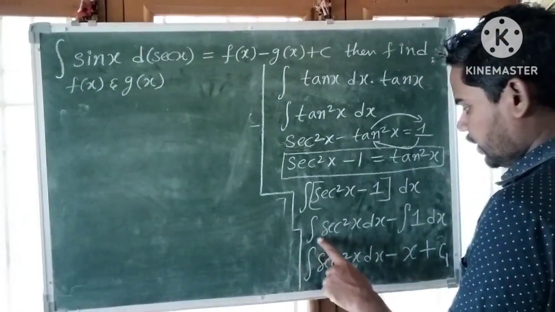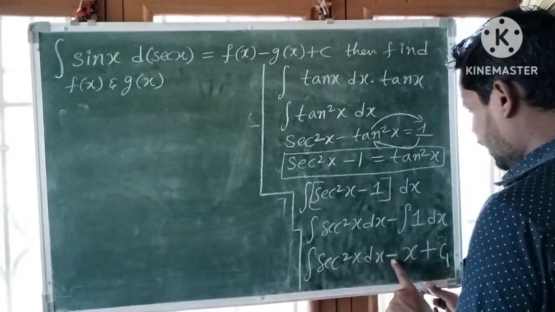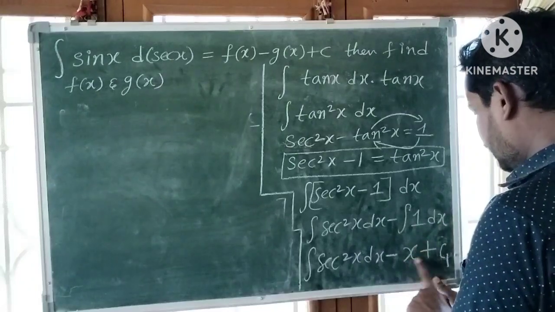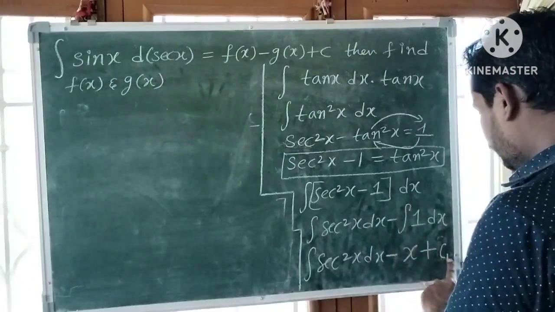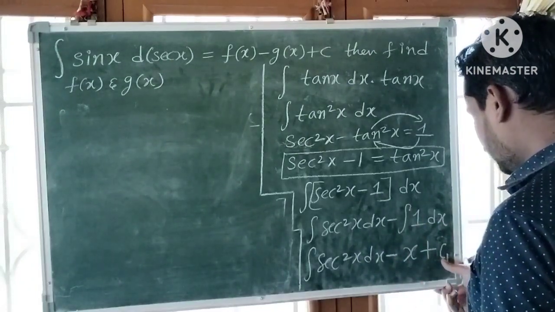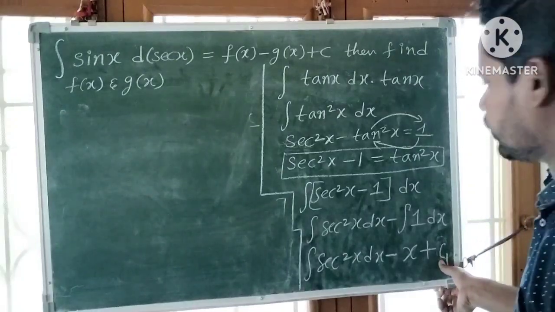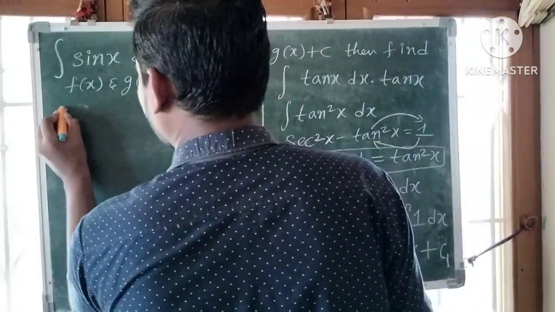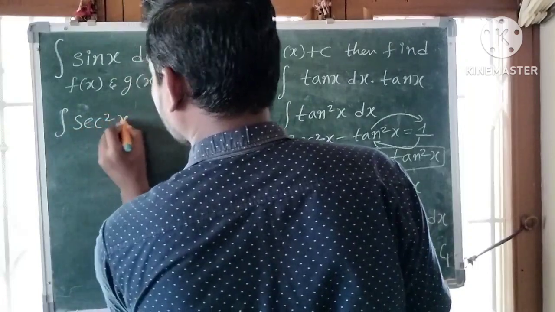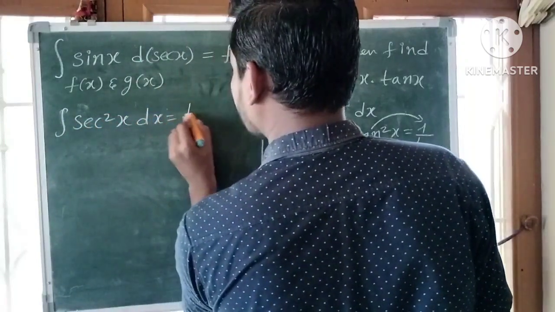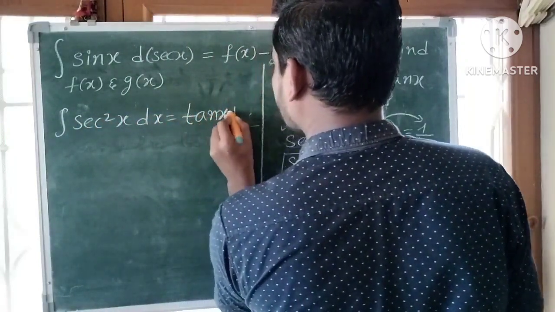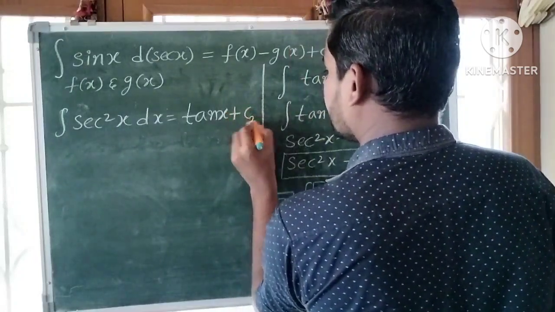Integral secant square x dx minus integral 1 dx, x plus. After integration we keep some constant, so c1 means the integrating constant. Now what is the formula for integral secant square x dx? Integral secant square x dx is equal to tan x plus some constant, let us consider C2.